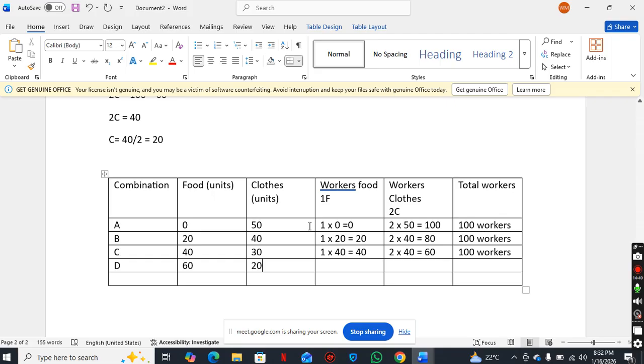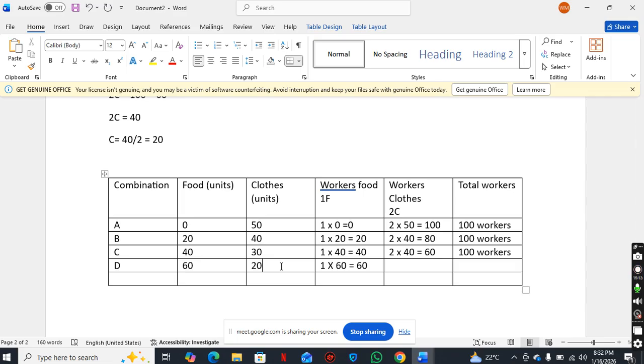So if for food 1 worker is needed for 1 unit, for 60 units, you're going to just multiply 1 times 60. You're going to get 60. For clothes, 2 workers for 1 unit.